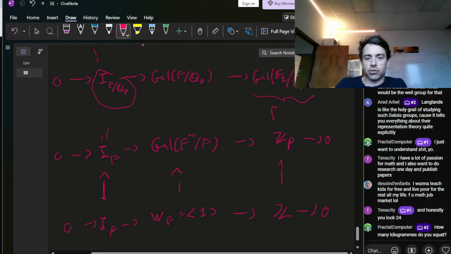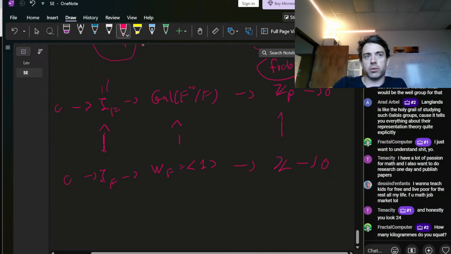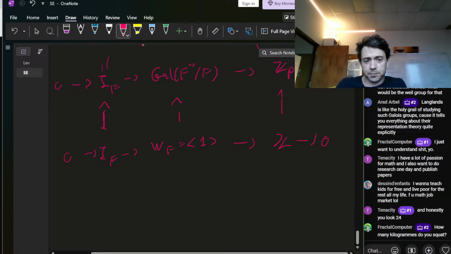So in each of these groups, we have a Frobenius automorphism, right? So in this limit, we can take a choice of Frobenius, by which I mean it's the automorphism that restricts to the Frobenius automorphism for every P.